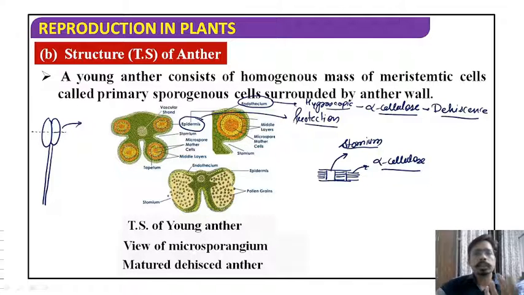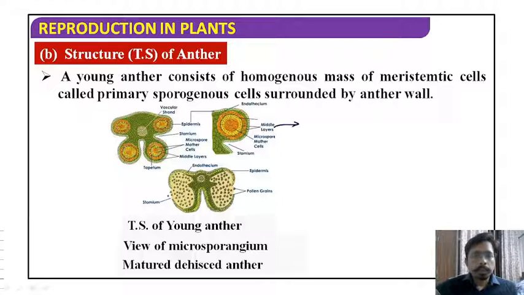During the spring season the humidity is more, so the alpha cellulose absorbs more humidity, and in that case these cells become more stressed, and the middle cell cannot be stressed. So the middle cell bursts and all the pollen grains come out. This will be the criteria.